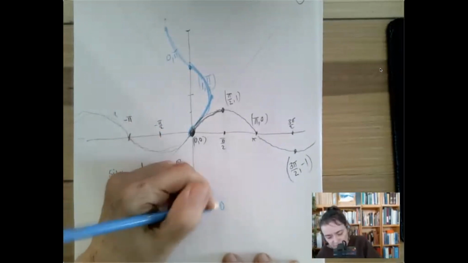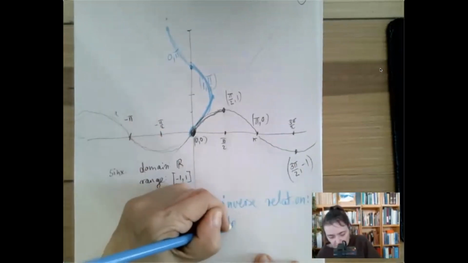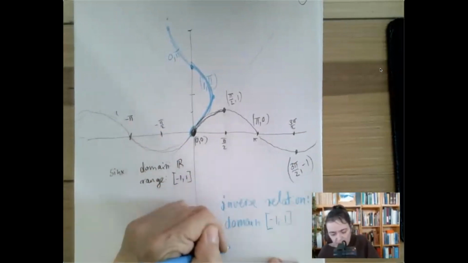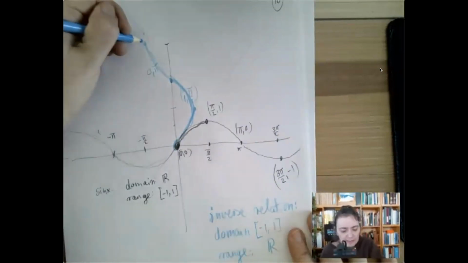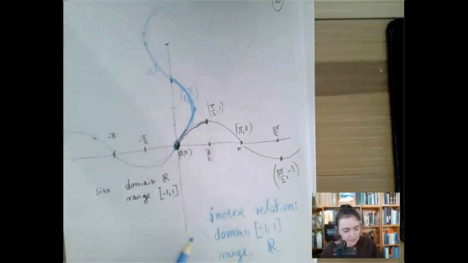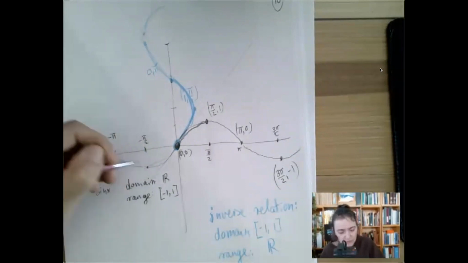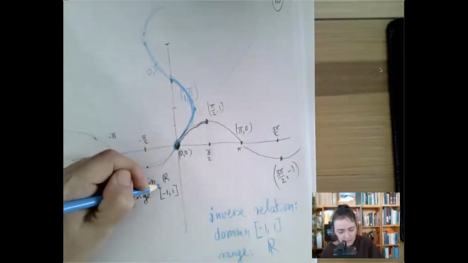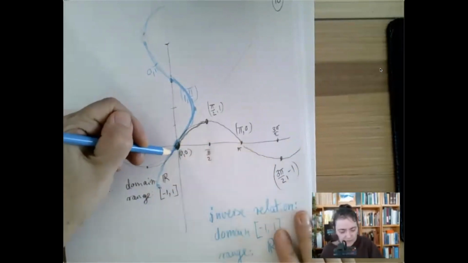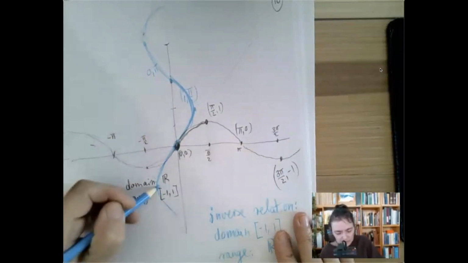So for the inverse relation, the domain is what the range used to be, -1 to 1, and the range is everything. And you can probably see what is going on here. And if the original function wraps itself around the x-axis, this is going to wrap itself around the y-axis.